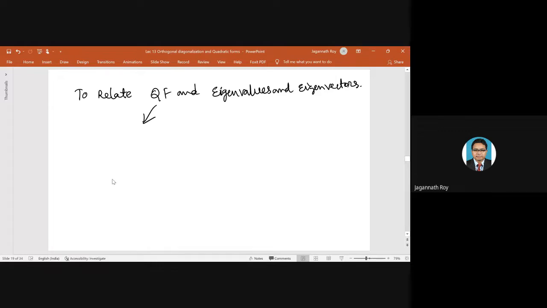For a quadratic form, you know that if Q of x1, x2, and x3 is given, then we can find the matrix. And we have seen that this matrix is always a symmetric matrix.